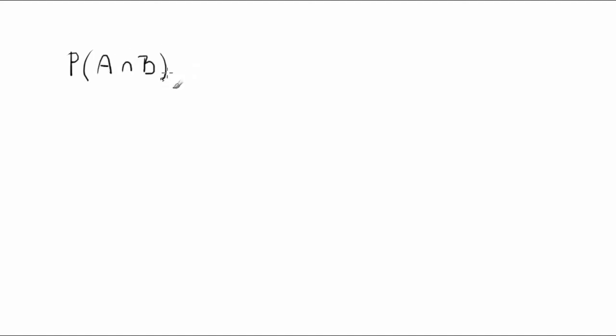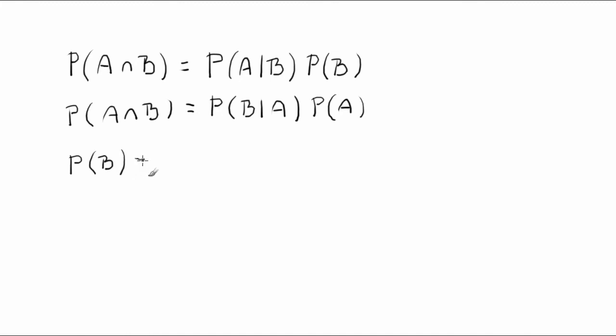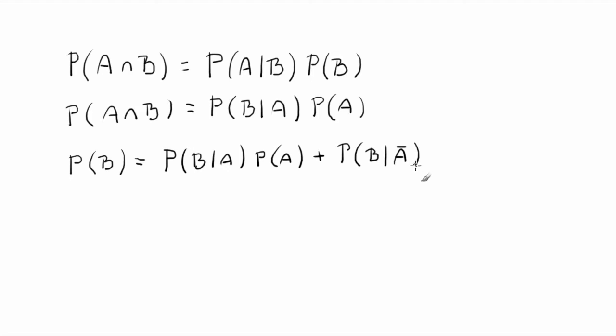Probability of A and B equals probability of A given B times probability of B. It is quite obvious that it can also be expressed as probability of A and B equals probability of B given A times probability of A. The unconditional probability of B to happen can be expressed as probability of B equals probability of B given A times probability of A plus probability of B given not A times probability of not A.